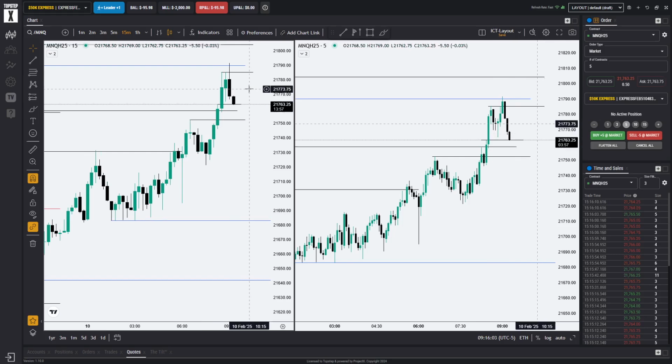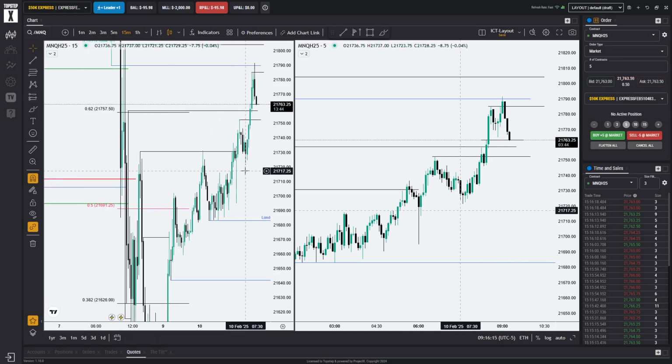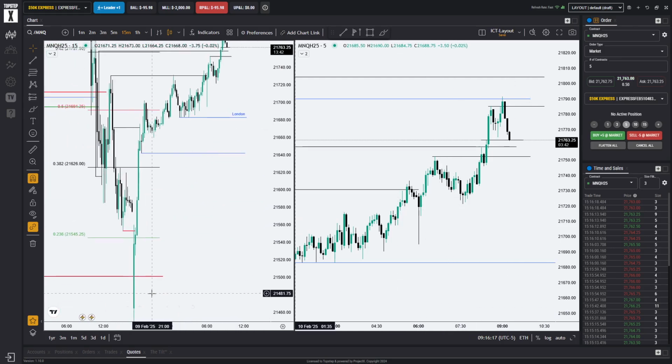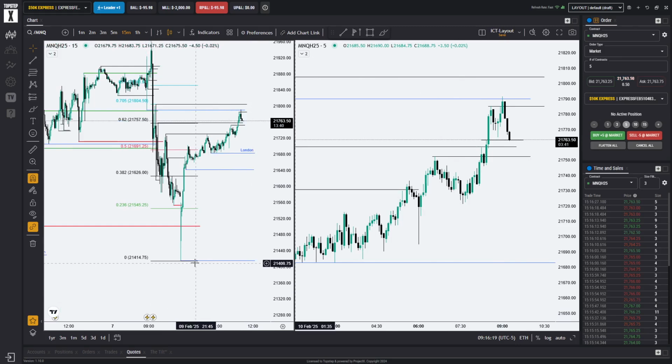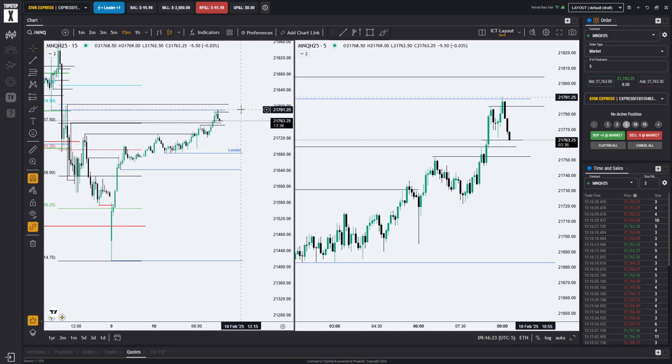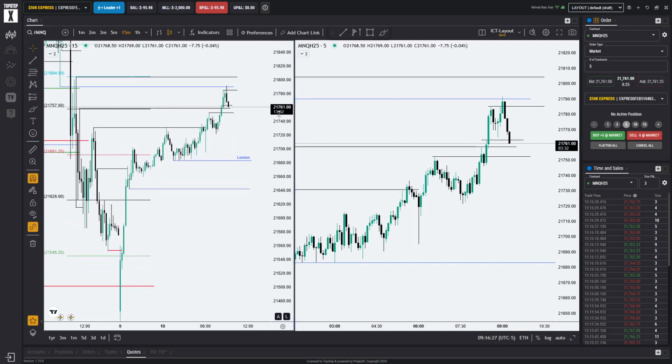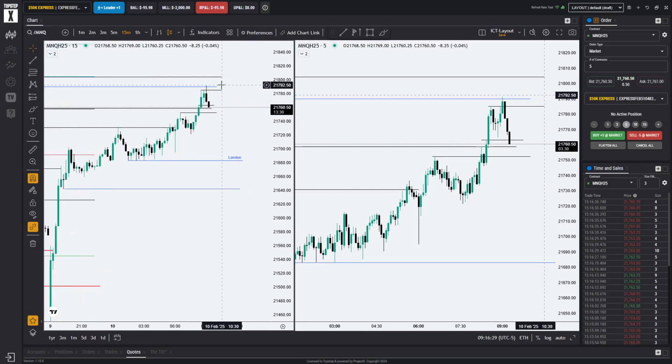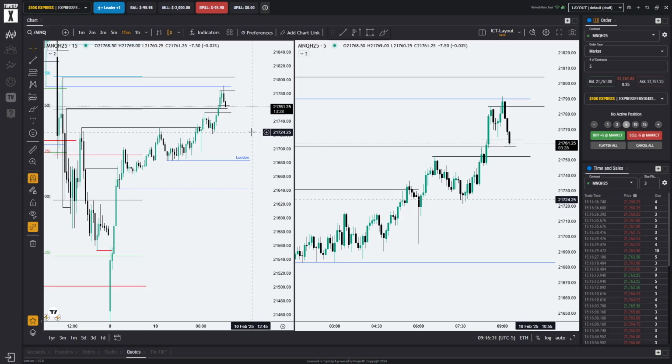But I think market wants to correct itself. So we had a big move. If you look at that, yesterday night we opened 21,413, 21,791. That's almost 400 points move up.